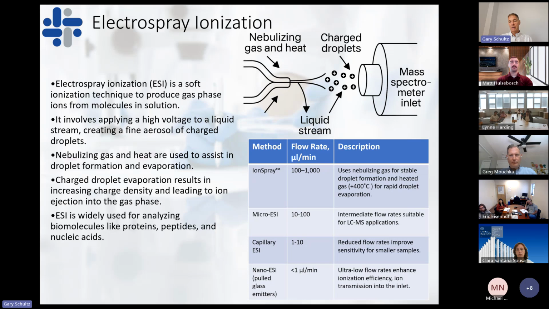Capillary ESI is typically used with a 0.3 millimeter ID column, and nano ESI is more typically used for a 75 micron ID column. As you go to lower flow rates, we can improve ionization efficiency, and so not only do you benefit from a concentration benefit with the chromatography, you also can benefit from improvements in ionization efficiency to enhance overall sensitivity for the method.